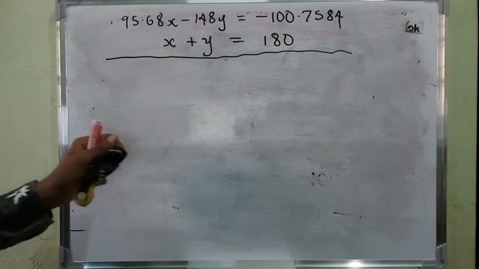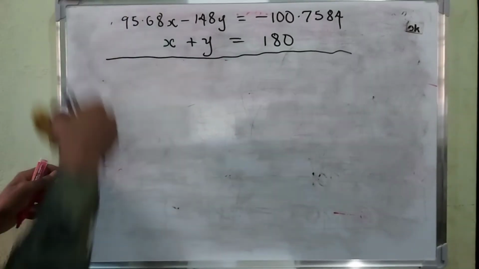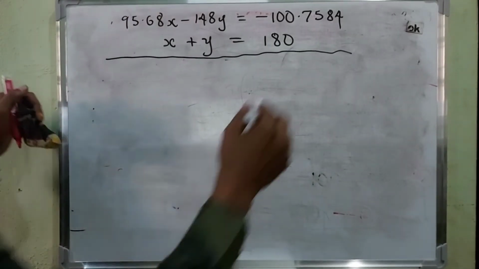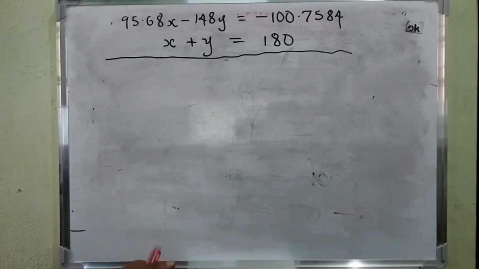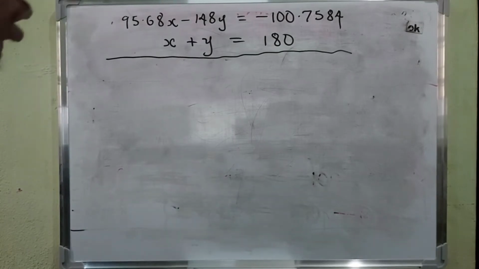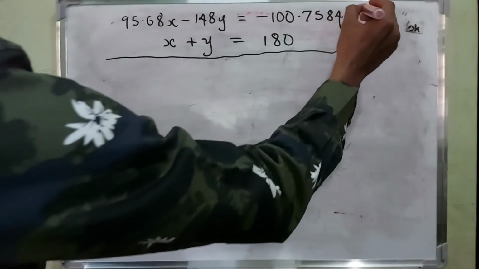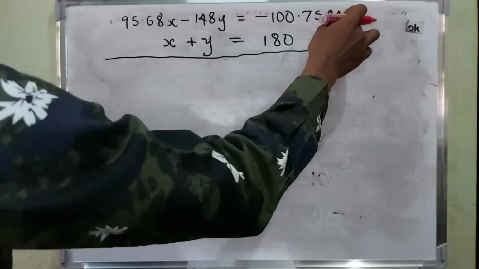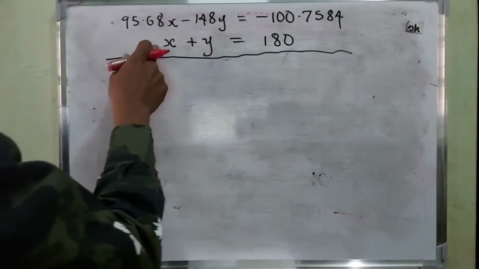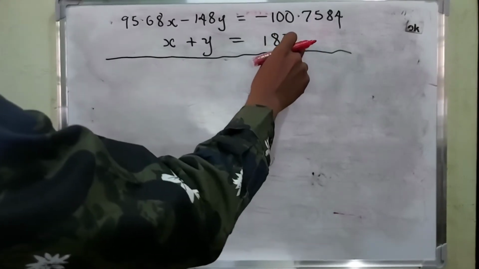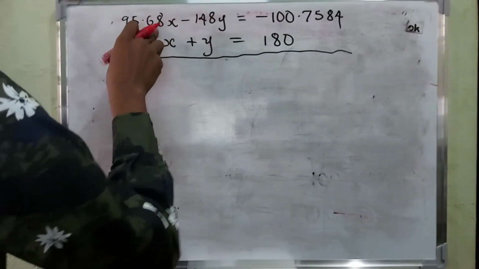So basically what we're going to do here is to solve these two equations simultaneously. Let's use a simpler method for this solution, that is the elimination method. The elimination method just implies that you multiply the first equation by the coefficient of x of the second equation, and multiply equation 2 by the coefficient of x in the first equation.